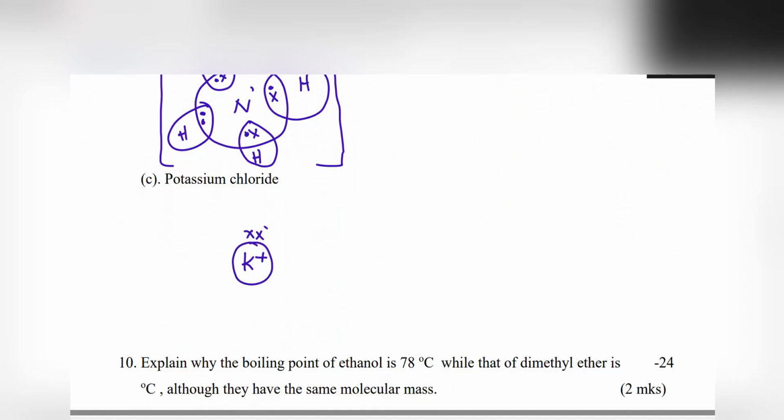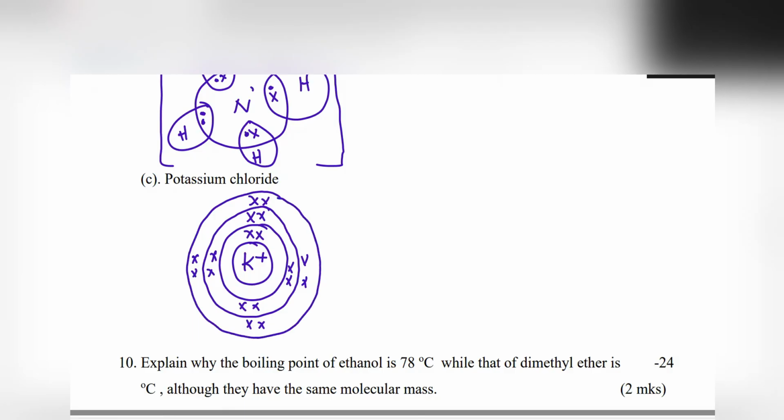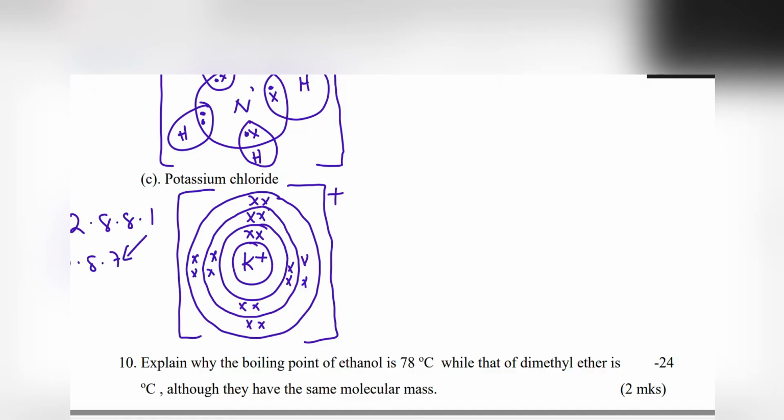It will have 1, 2, then 8, then 8, that is after losing 1, because it will be 2, 8, 8, 1. So after losing 1, we are going to have a positively charged ion of potassium. The net charge is positive. And of course, chlorine will have 2, 8, 7. So it will get 1 from potassium.